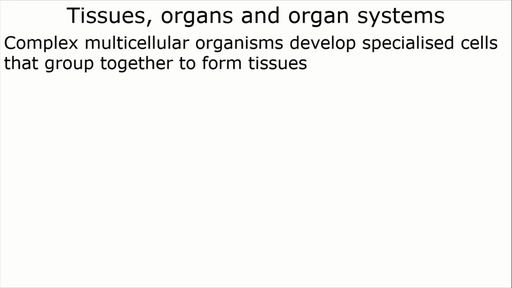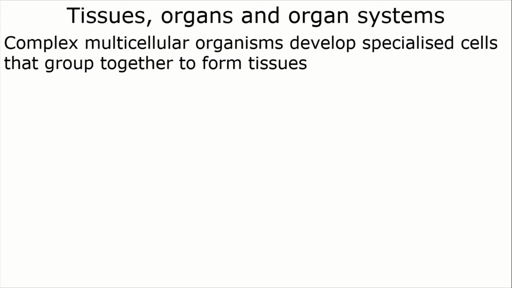So in complex multicellular organisms, such as humans, specialised cells will develop, and these will group together to form a tissue. For example, the skin is a type of tissue, but the cells in the epidermis and the dermis and the hypodermis will all be different from each other.